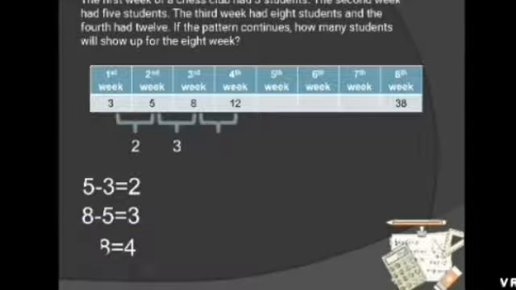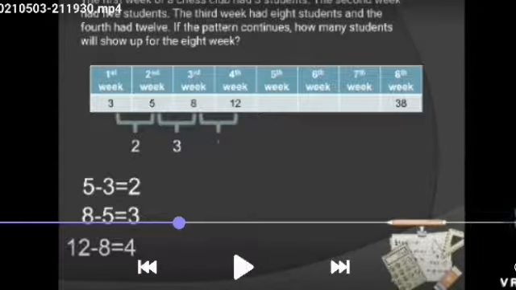While in the fourth week, the students added were 4 of them. You can now see the pattern that weekly the number of students is increasing.